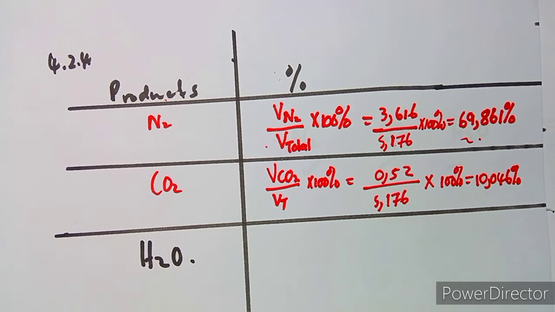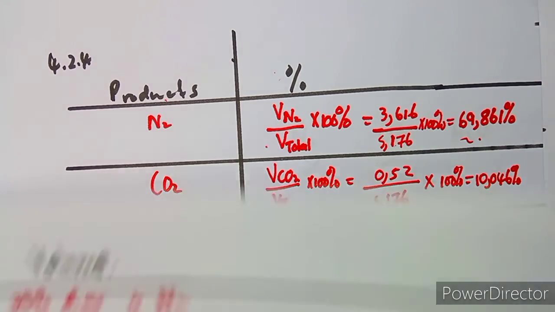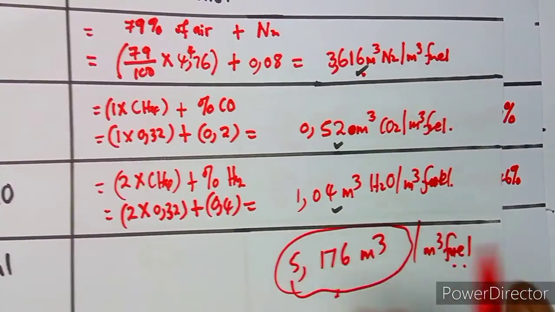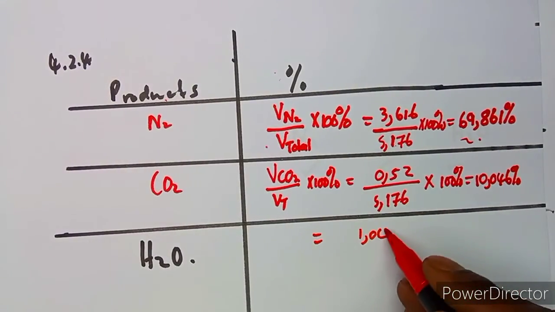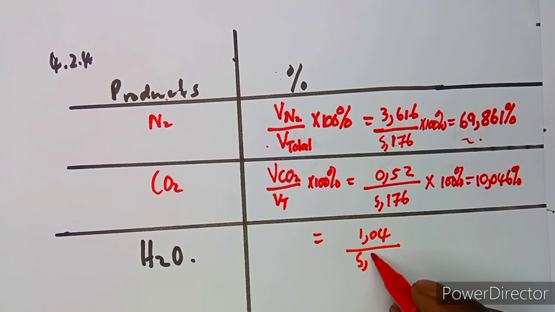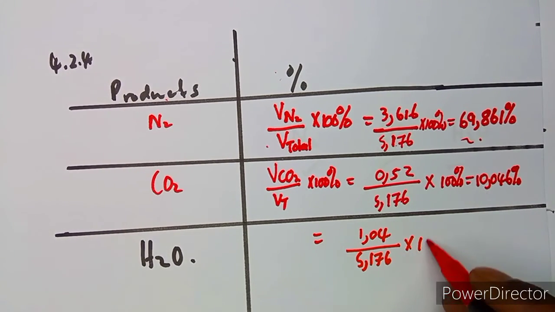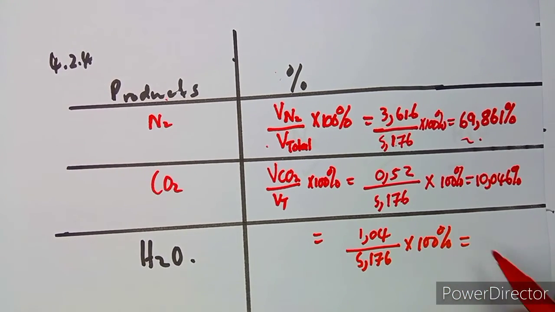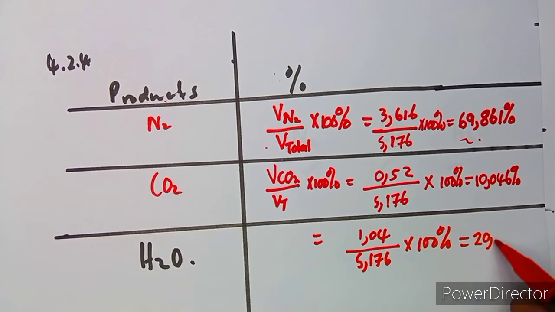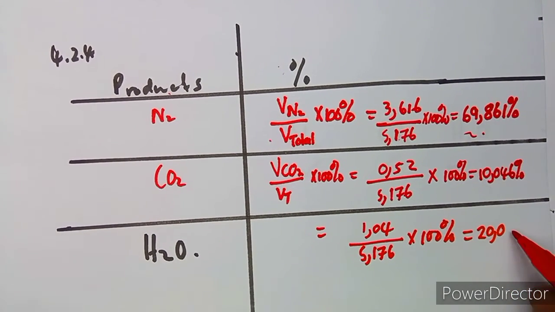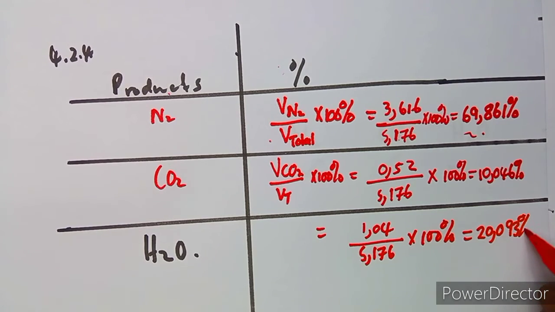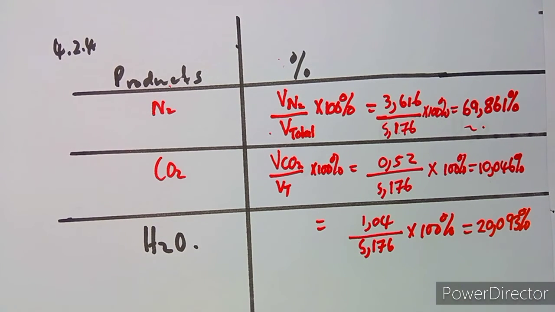For water, it's one and the same thing: the volume of water, 1.04, over the total volume 5.176 times 100%. Definitely this must add up to 100%, which is 20.093 percent like that.